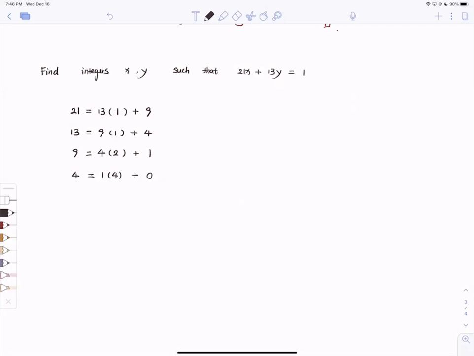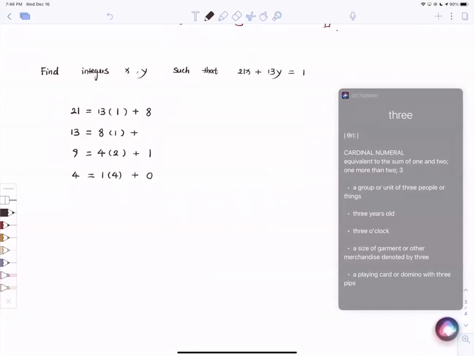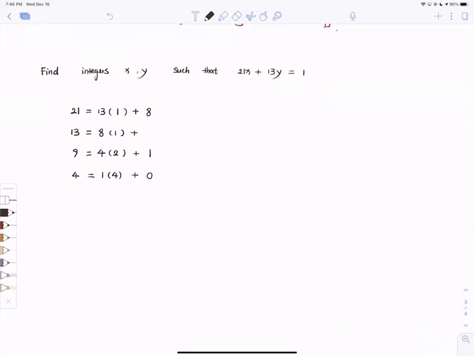So you do this first. It's plus 8. Oh yeah, it's 13 plus 8. Yeah, I didn't check. It's okay, fix this easily. So it's 3. Sorry, 8 plus 5.